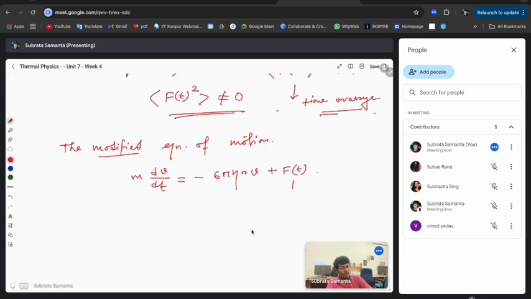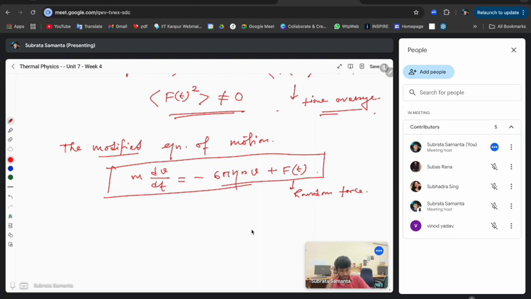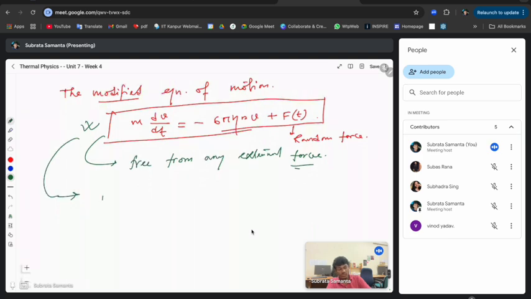So you have to add a random force, and this is your modified equation. It is free from any external force, because the external force is actually equal to the drag force, minus 6 pi eta r v. This famous equation is known as the Langevin equation of motion.